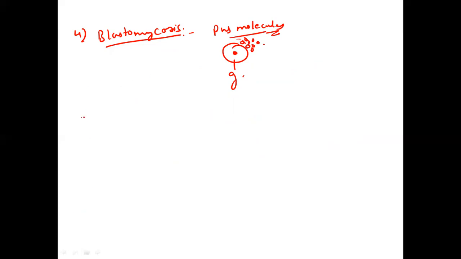Now come to the fifth disease, which is called cat scratch disease. As the name suggests, it is caused by a cat scratch.